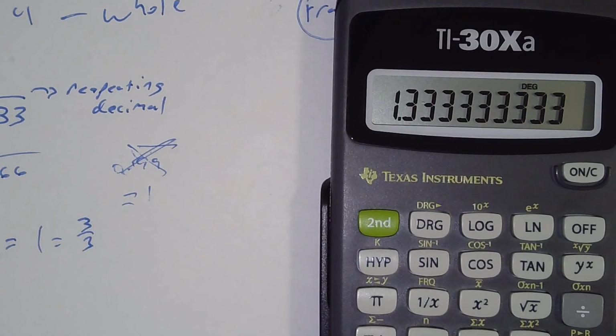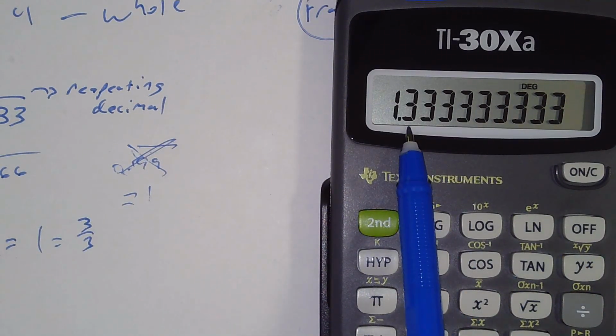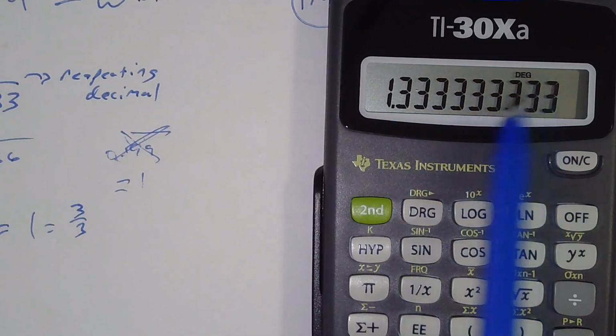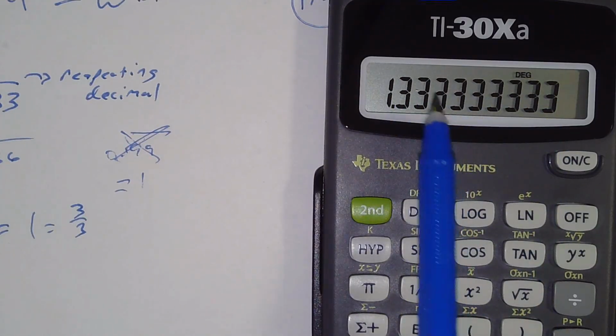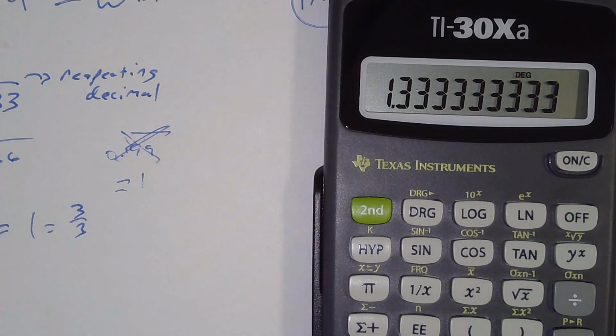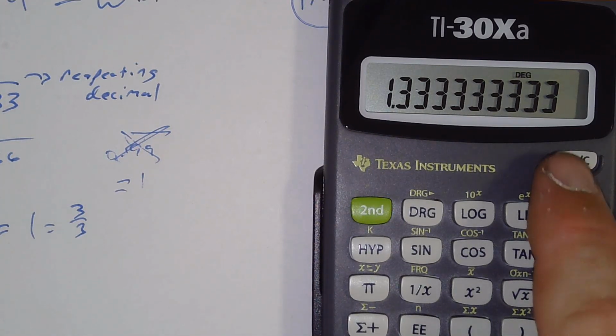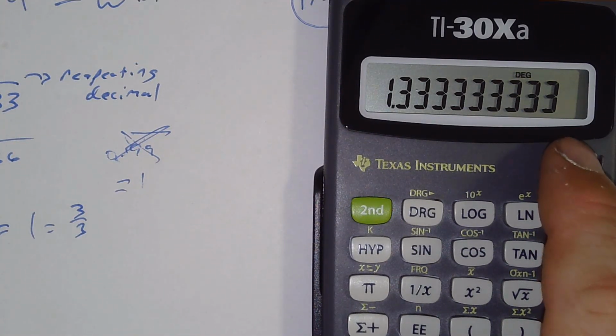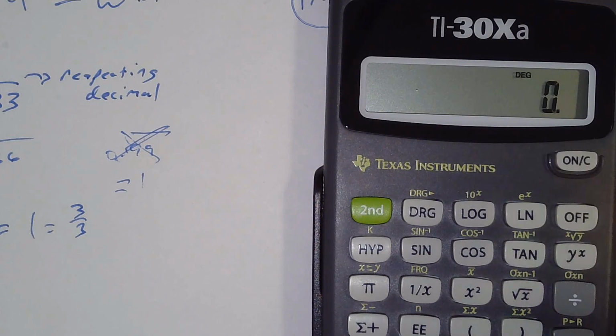And there you go. That's 1 1/3. It doesn't have a little bar over it, but the calculator knows that the 3333333 goes on forever. So that's just a cool little piece of information there. Okay, a little tangent, if you will.